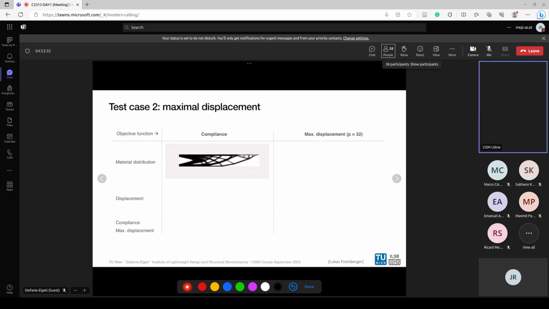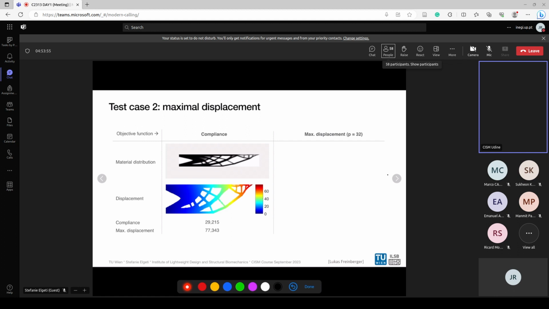Okay, so now if we minimize the compliance, in this case, we obtain this result. Here we see the displacement field. And the corresponding values are as follows. So 29.215 for the compliance and 77.343 for the maximal displacement.